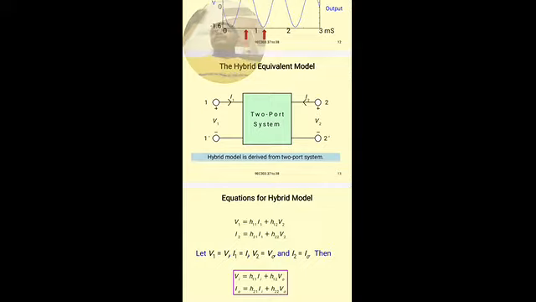We need to calculate the gain, bandwidth, and study the frequency response. So we need to represent the transistor characteristics as an equivalent circuit. Hence we are choosing this hybrid model, the H parameter model, for representing the transistor characteristics.